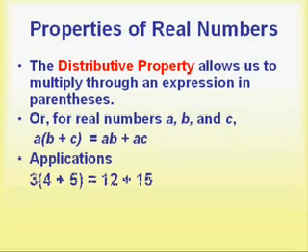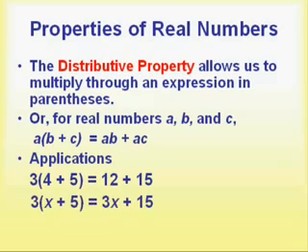Using numbers, we say 3 times (4 plus 5) is equal to 3 times 4 plus 3 times 5, or 12 plus 15. Another example, 3 times (x plus 5) is equal to 3 times x plus 3 times 5, or 3x plus 15.